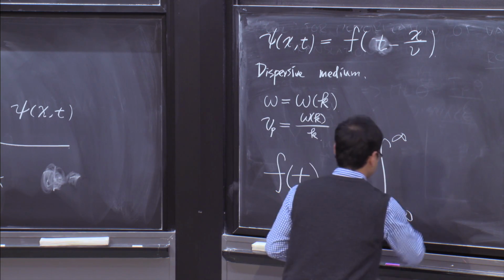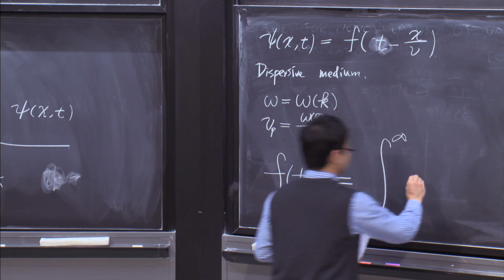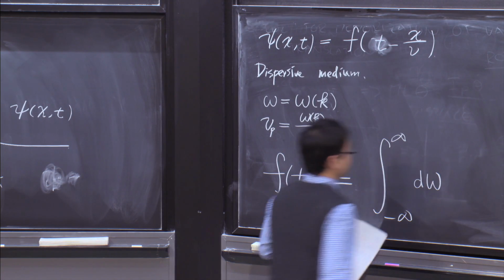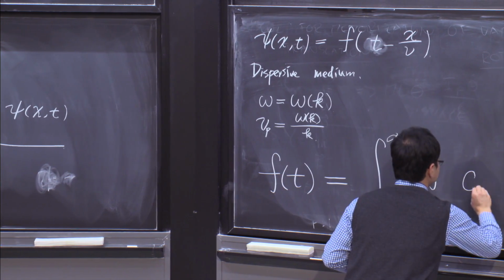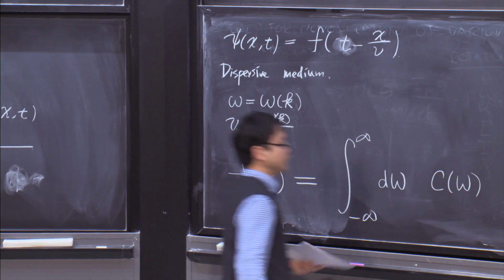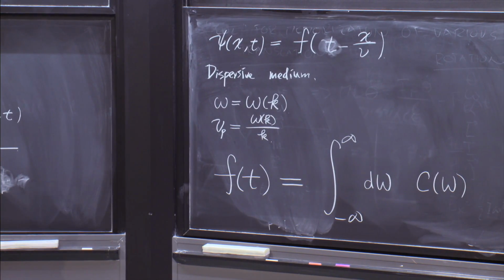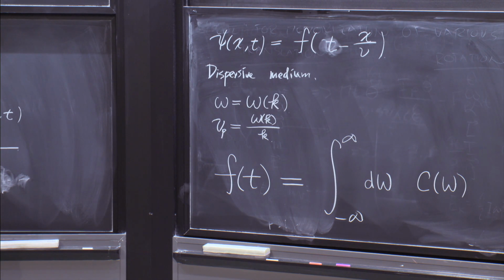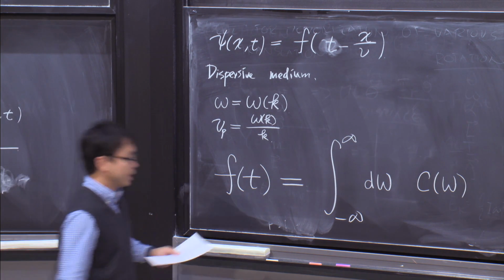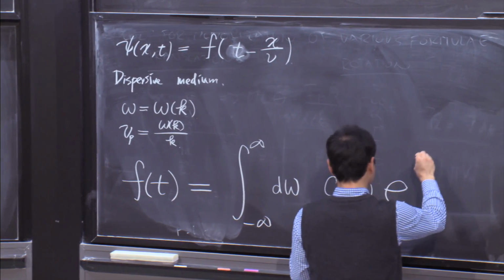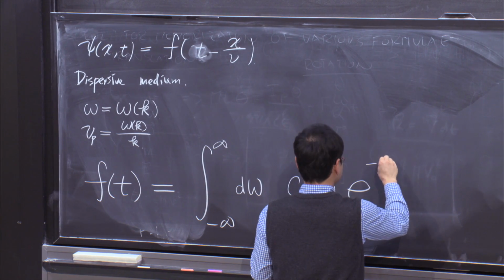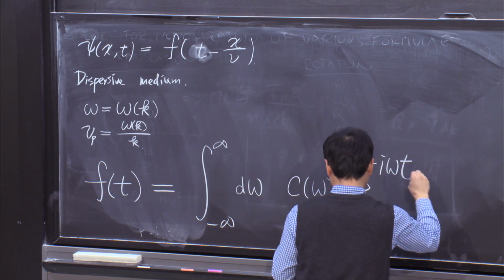I can integrate from minus infinity to infinity over omega, the angular frequency. Each contributing wave has an amplitude associated with it, c as a function of omega, and the actual wave is written as exponential of minus i omega t.